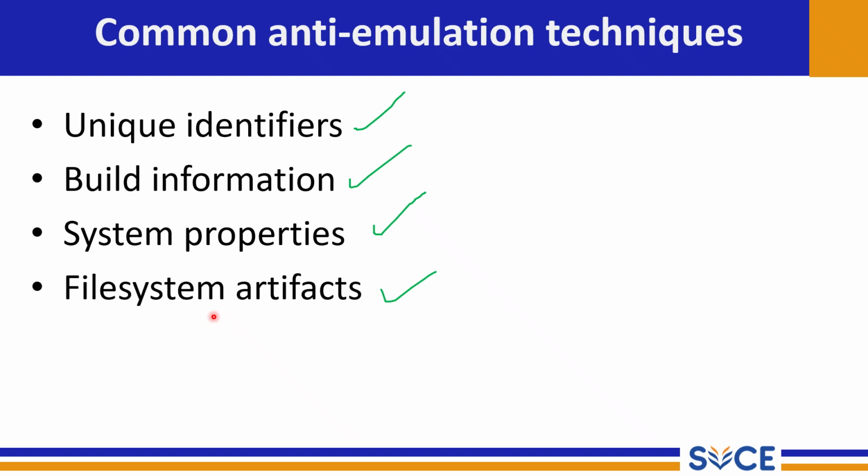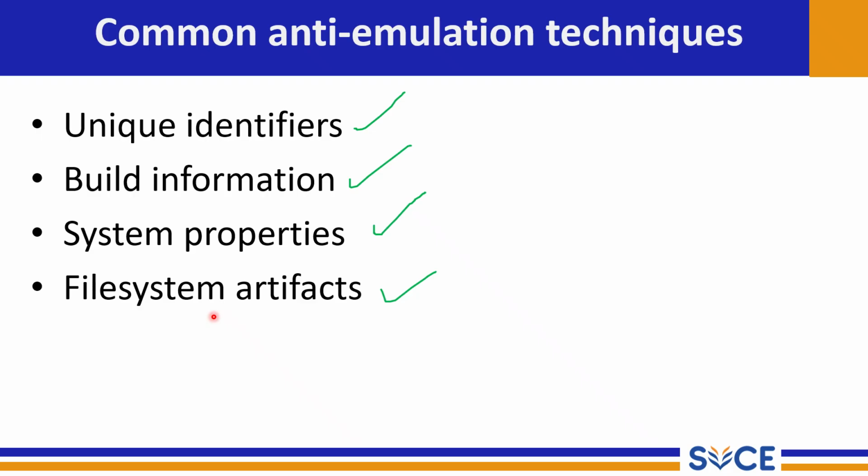Programs look for unusual property values such as a hardware model named goldfish or a bootloader listed as unknown, which are common in emulators. And next, file system artifacts. The presence of files or directories known to exist only in specific emulators can serve as a red flag.